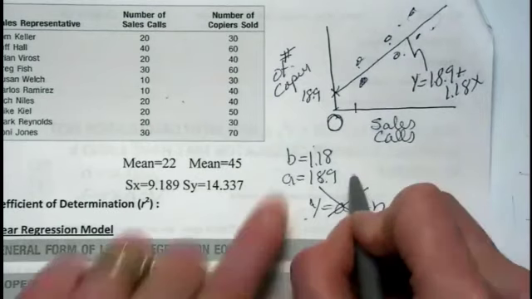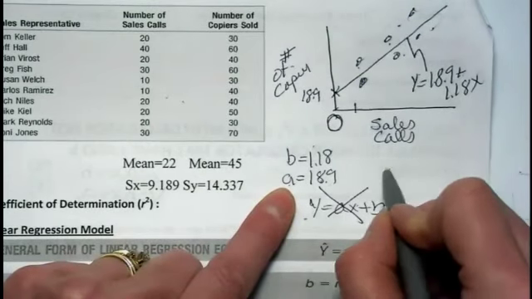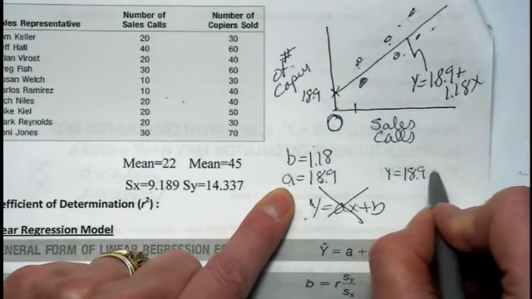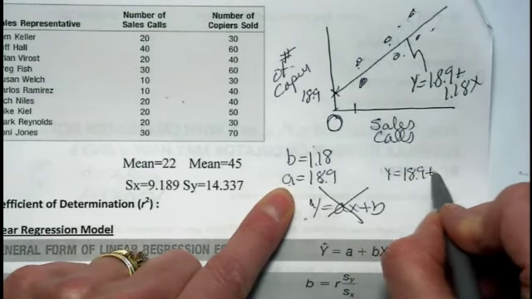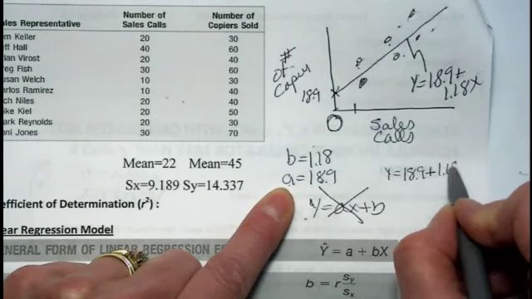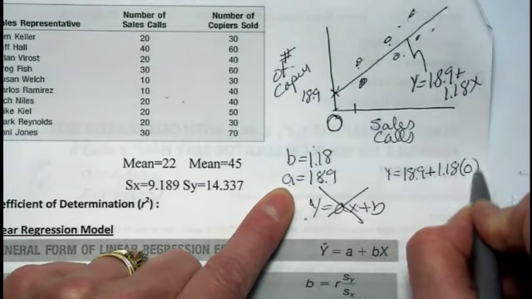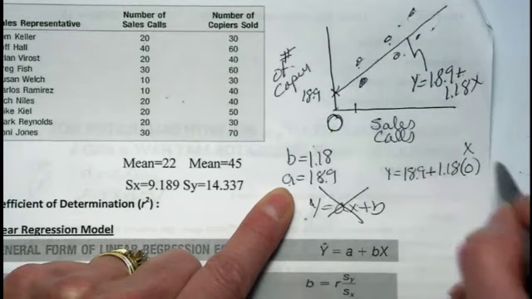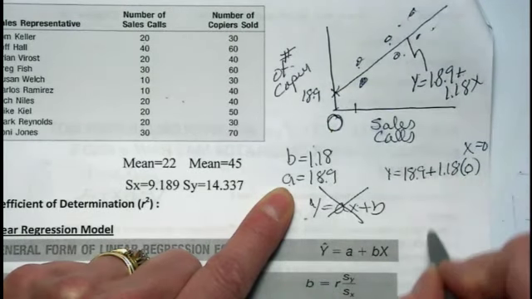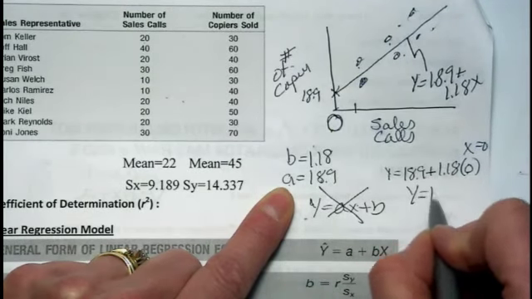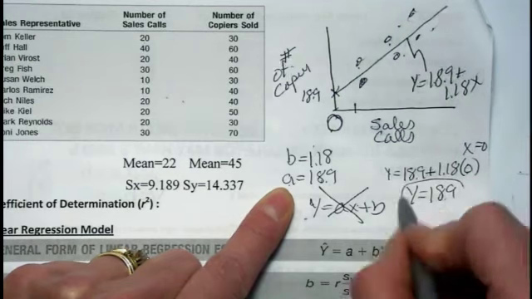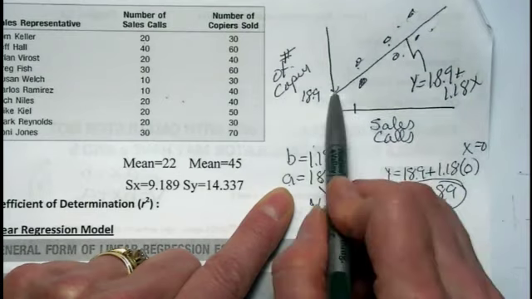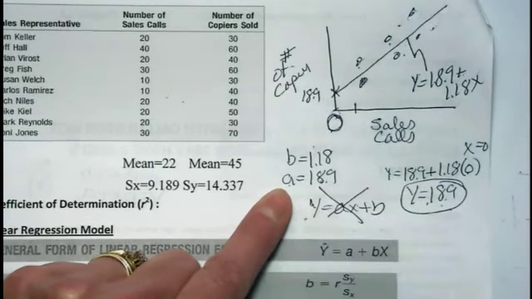In other words, y equals 18.9 plus 1.18 times 0. When I say 0 sales calls, x equals 0, and I substitute it in here, y equals 18.9. We will still sell about 18.9 copiers if I make 0 sales calls.